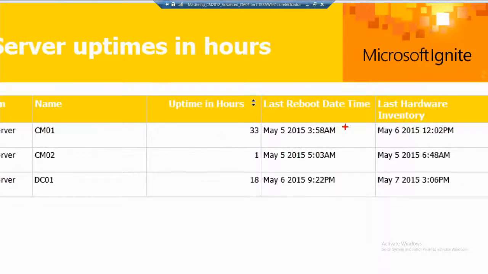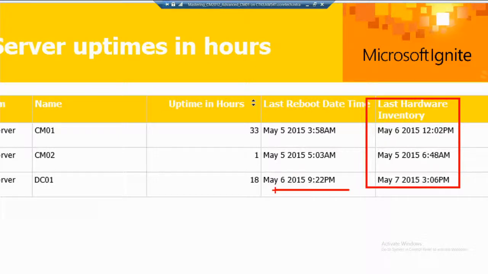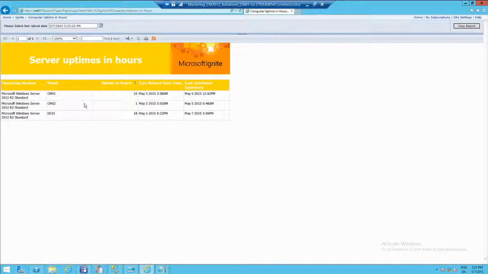So if the inventory date is recent, but I still have a last reboot date from 2012, something is wrong. This is a clear identifier that our processes are not working, not at all. So we need to figure out if some of these servers are in a reboot pending mode. We also need to figure out why they are not compliant.